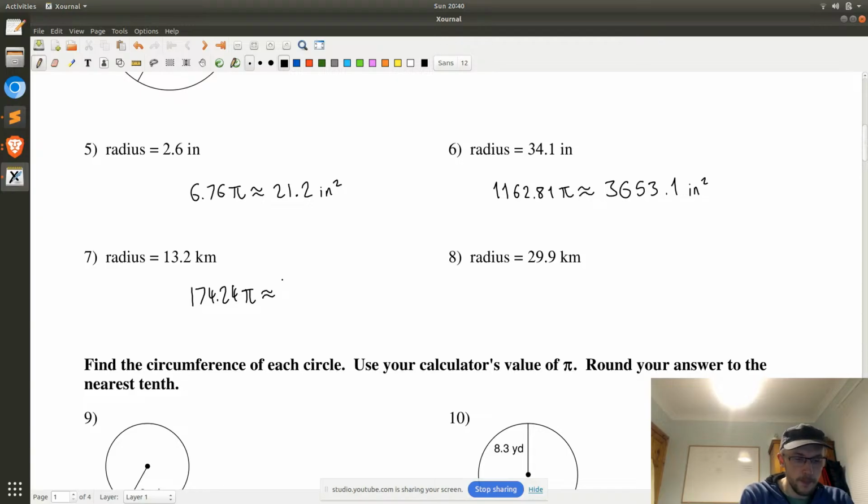So here we go, which is, when multiplied by pi, 547.4 square kilometers.